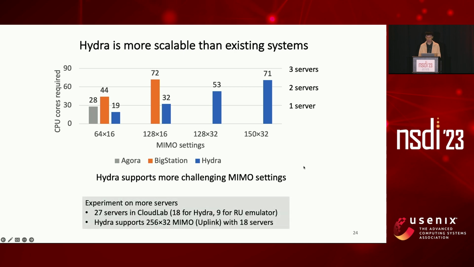To evaluate Hydra's performance on more servers than our 3 server nodes, we also ran experiments on a larger cluster with 27 10-core servers in CloudLab. We found that Hydra can support 256 × 32 MIMO in this setting with 18 servers.